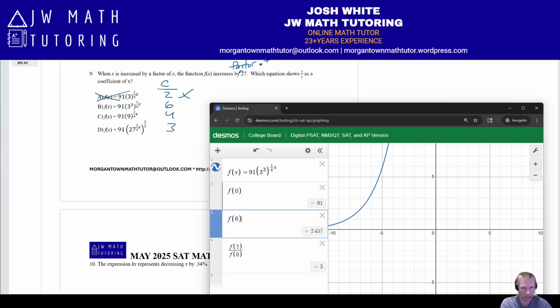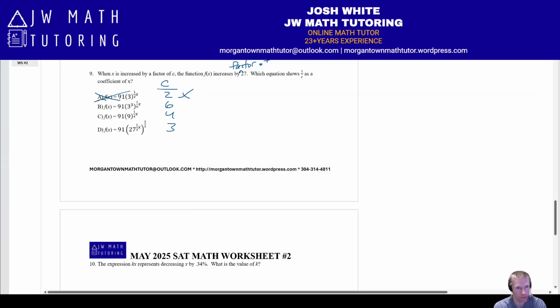So this becomes 6, and let's make this 6. Notice when I increase my x value by 6 from 0 to 6, the output, f of x, has gone up by a factor of 27. That confirms this is the correct answer. The correct answer to this is letter B.